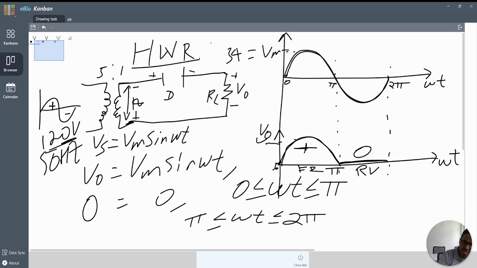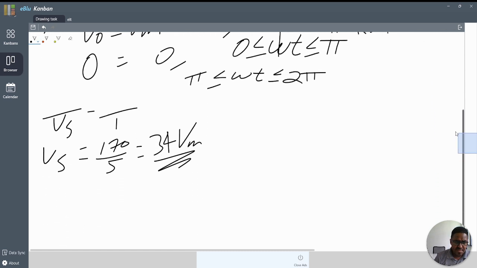So what about the value of average voltage? The average voltage means the DC voltage. What about VDC? So our VDC in our load must be analyzed.